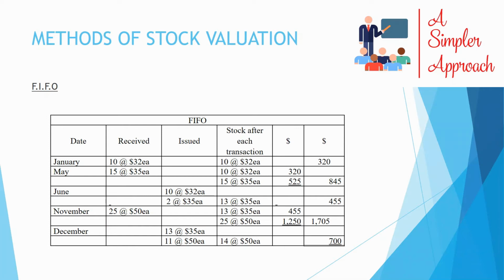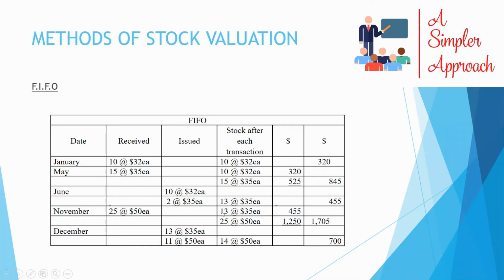Then comes December. For December, I have 24 units of stock that I need to sell. How am I going to sell it? Using FIFO. So if you look right here, you would see what I have. I have 13 at 35 and I have 25 at 50.